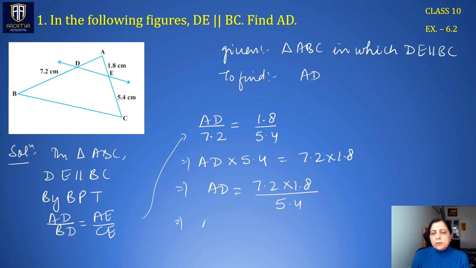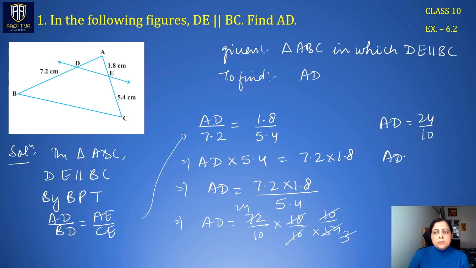Now you can remove all the decimals: this becomes 72 by 10, 18 by 10 and 54. The 10s you can raise in the numerator, so these two 10s get cut. 18 ones are 18, threes are 54. 3 ones are 3, 24s are. So the value of AD comes out to be 24 by 10. So AD is 2.4 centimeter. Right?